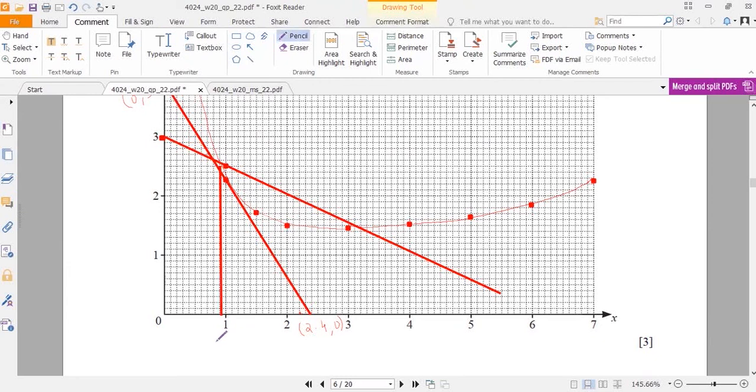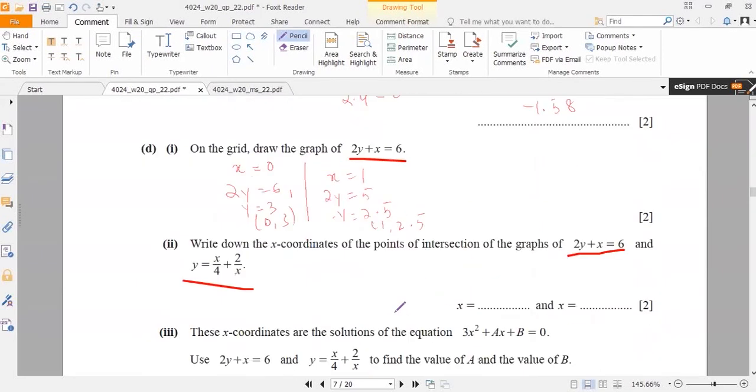The value is 0.9. Okay. Now the second one will be around 3.1. So 0.9 and 3.1.